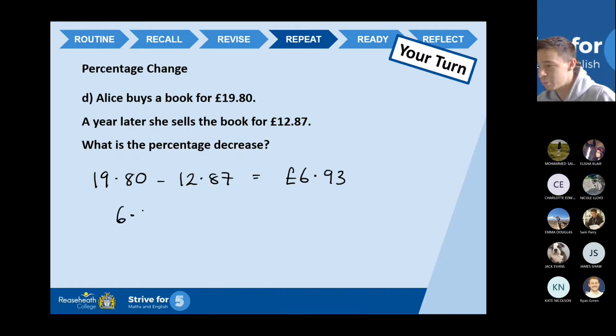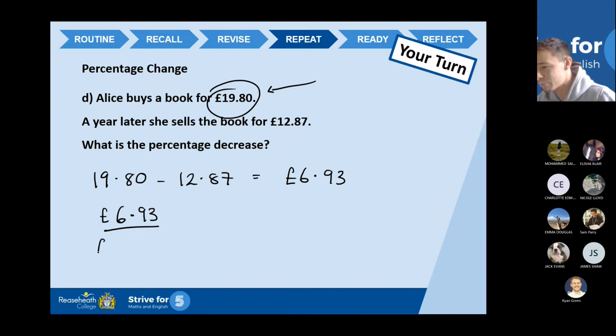So I'm going to put that into my little formula now. So 6.93 divided by the original. The original cost of the book when she first bought it was £19.80. Yeah, I highly imagine this would be on a calculator paper.